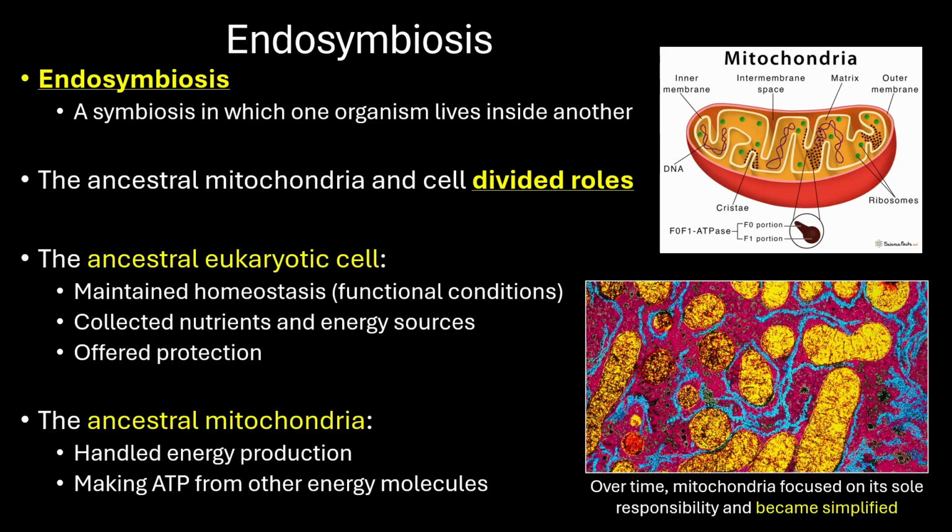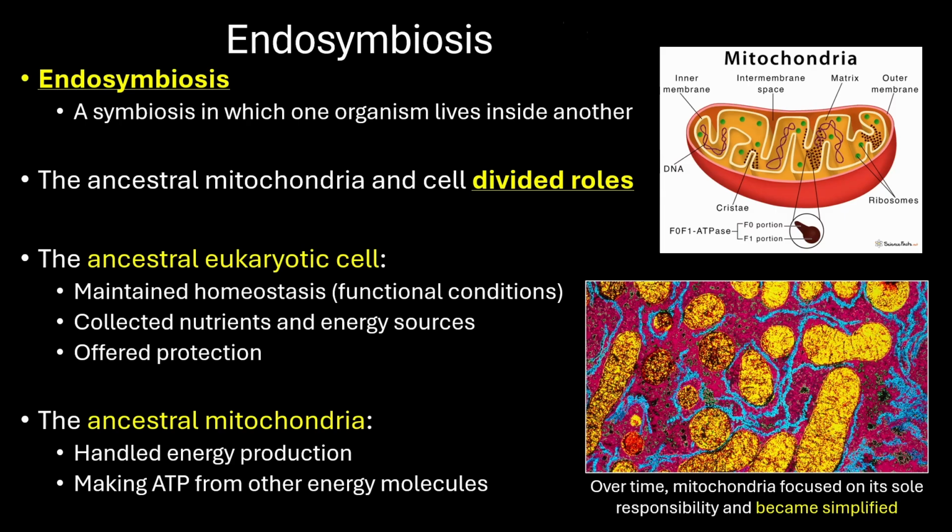The ancestral eukaryotic cell mainly focused on homeostasis, keeping those healthy functional conditions going in the cell, collecting nutrients and energy sources and offering protection for that proto-mitochondrion. And then the ancestral mitochondrion had its own role, and that was making ATP. It was all about ATP production, and it just got really, really good at that.